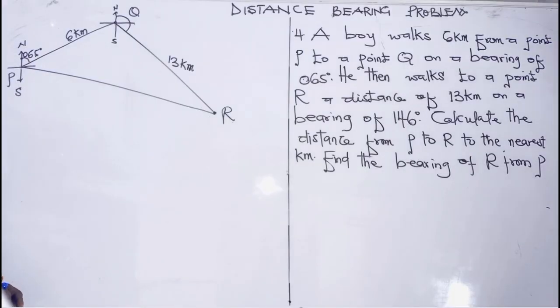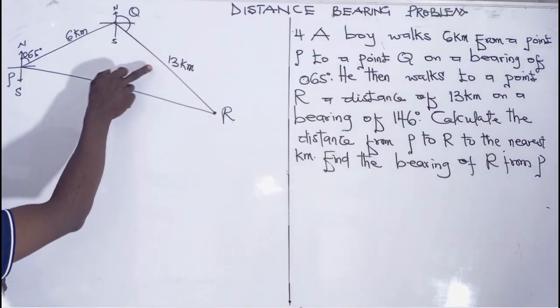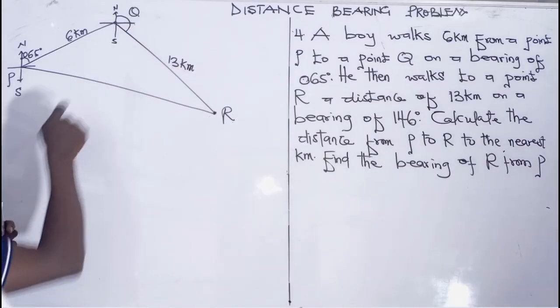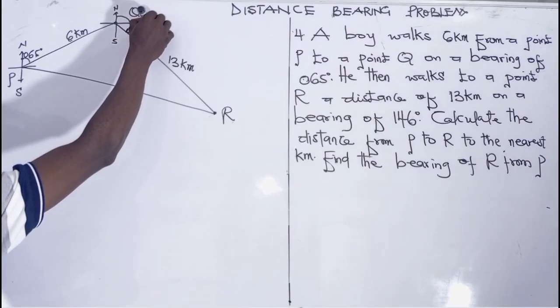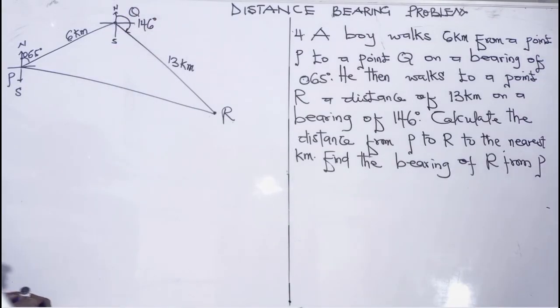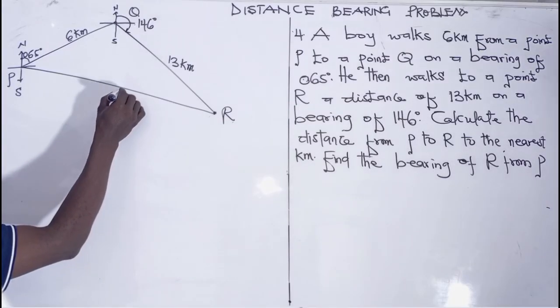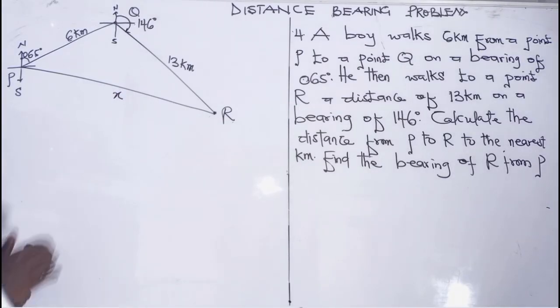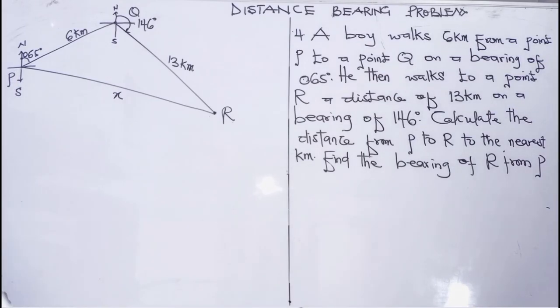He then walks to another point R, a distance of what? 13 kilometers on a bearing of 146 degrees. We want to calculate the distance from P to R. So this is P, this is R. We want to find this distance. So let's call this distance X. And then we want to find the bearing of R from P.